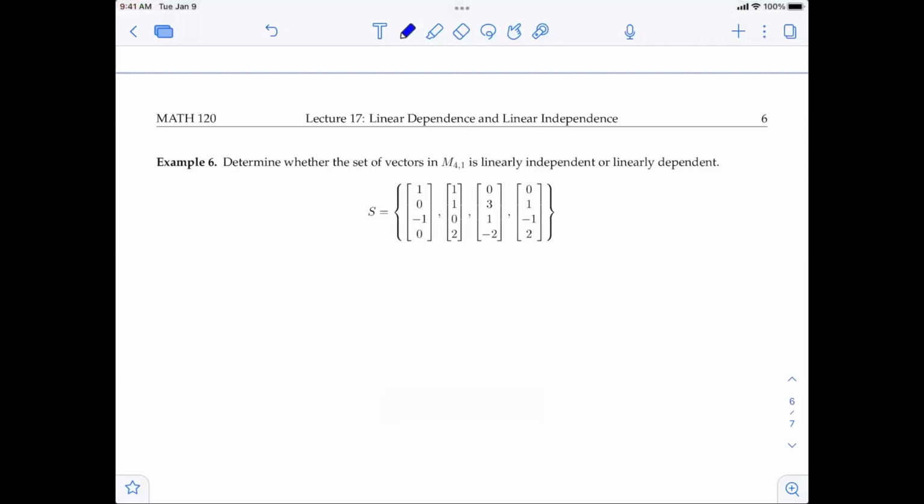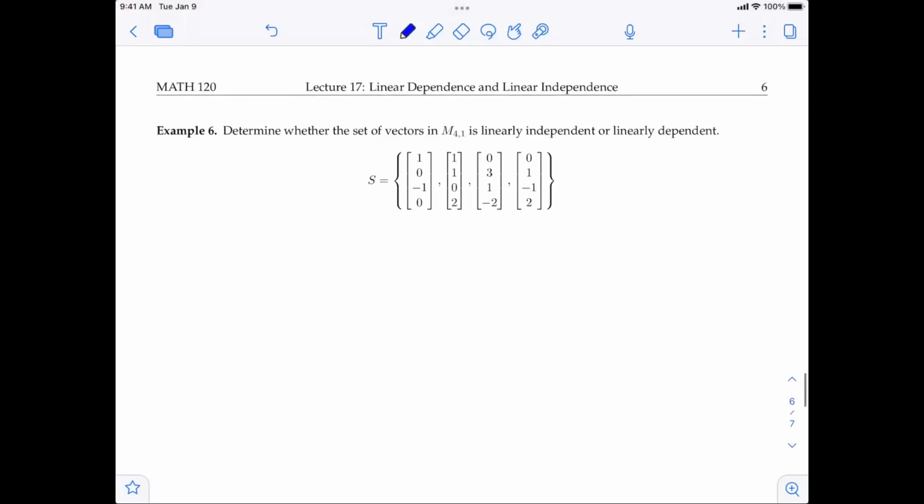In this example, we're going to look at the following set of column vectors, because we have 4 rows and 1 column. Okay, so we have 4 vectors. We want to know if this set of vectors is linearly independent or linearly dependent. So the setup is going to be the same.